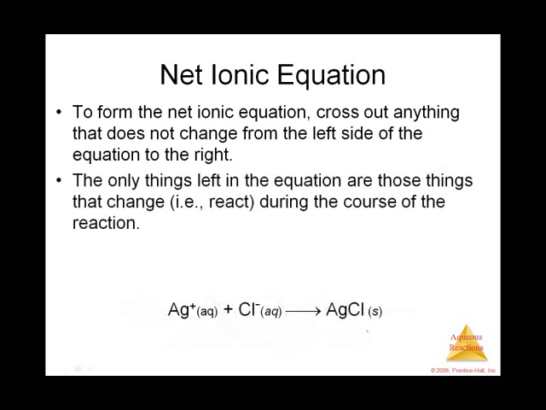Now, some people think it's easiest to write the complete molecular, break apart the strong electrolytes, and eliminate the spectator ions, right? Things that are on the same side. Others think it's easier to figure out what the precipitate is going to be, and then just to write what it is that produced that precipitate. So it's what you're most comfortable with.